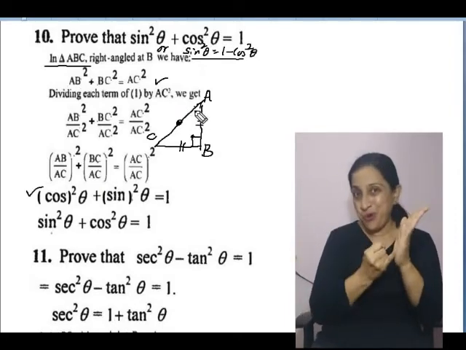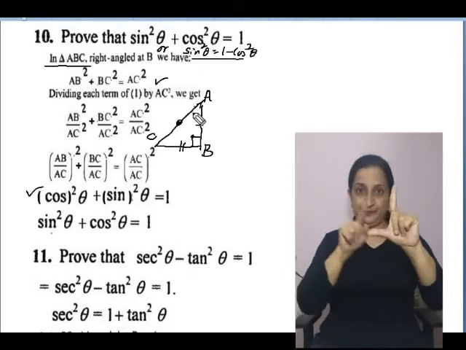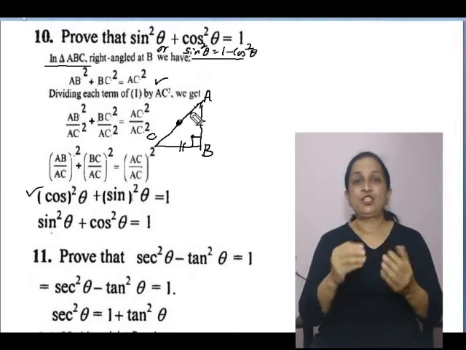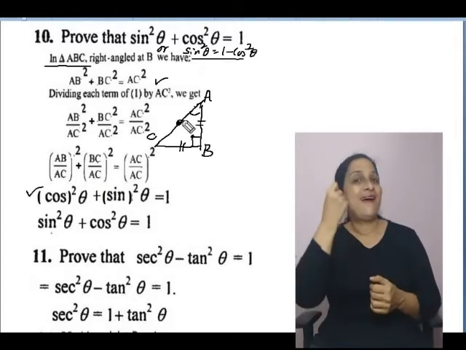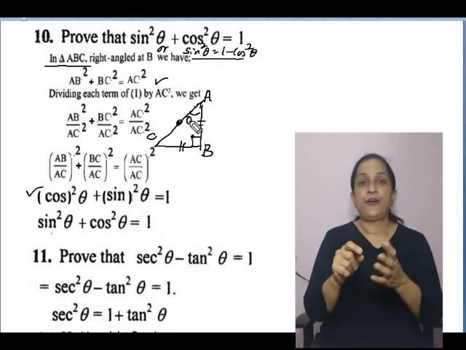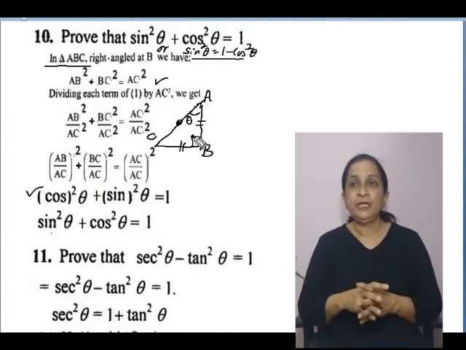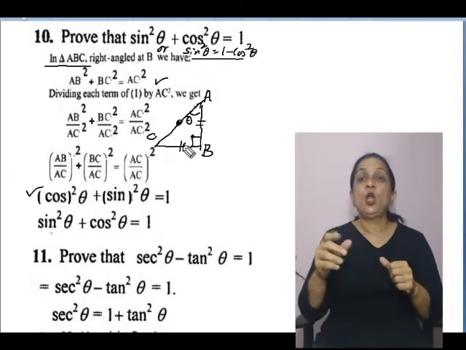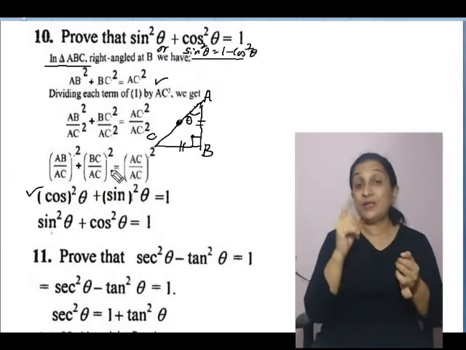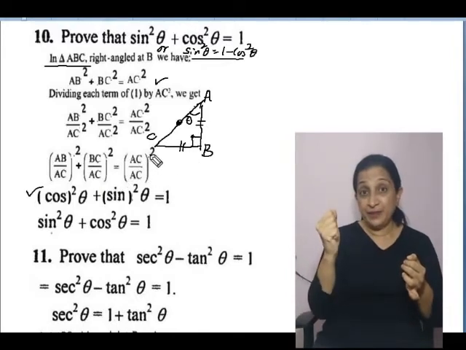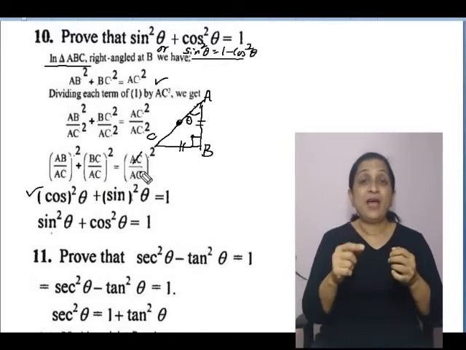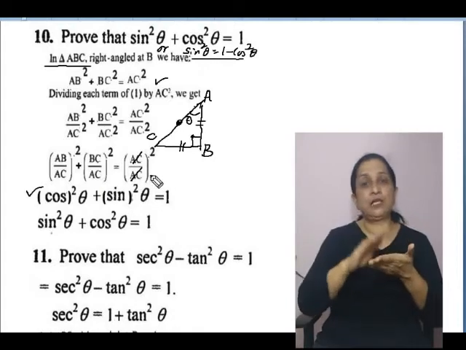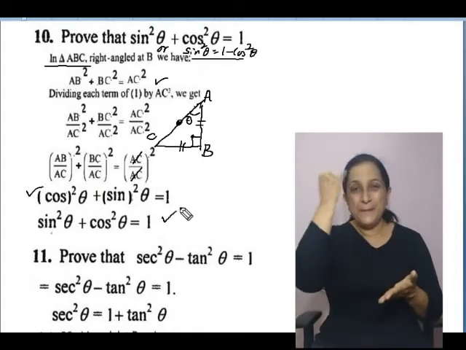So we get cos squared theta plus sin squared theta is equal to 1. This is what is to be proved.